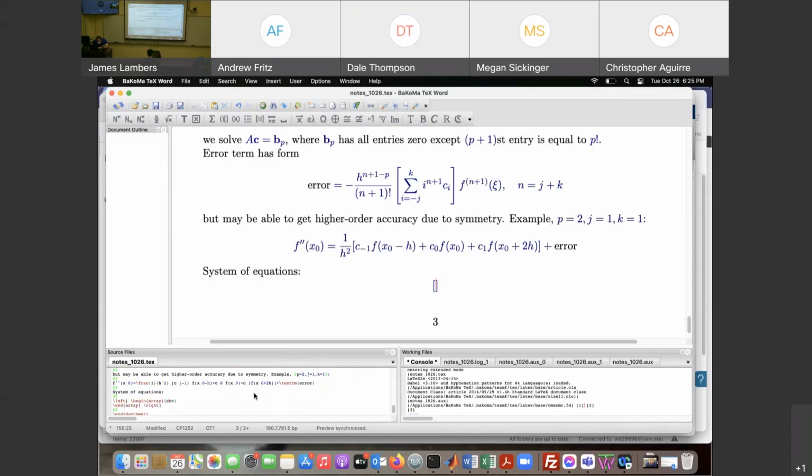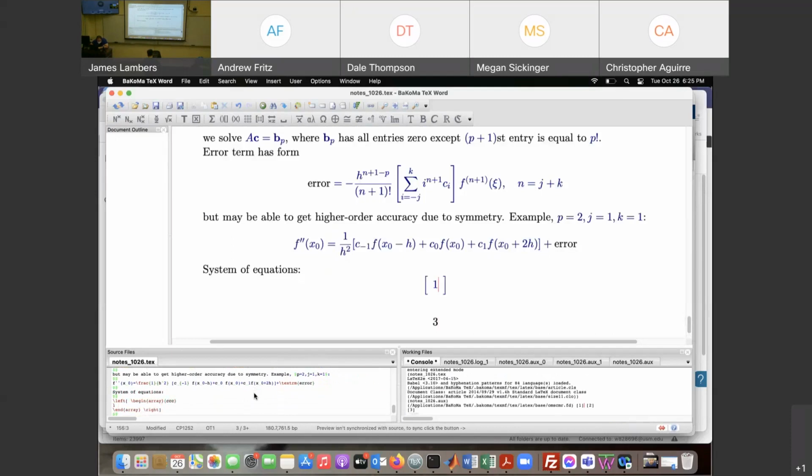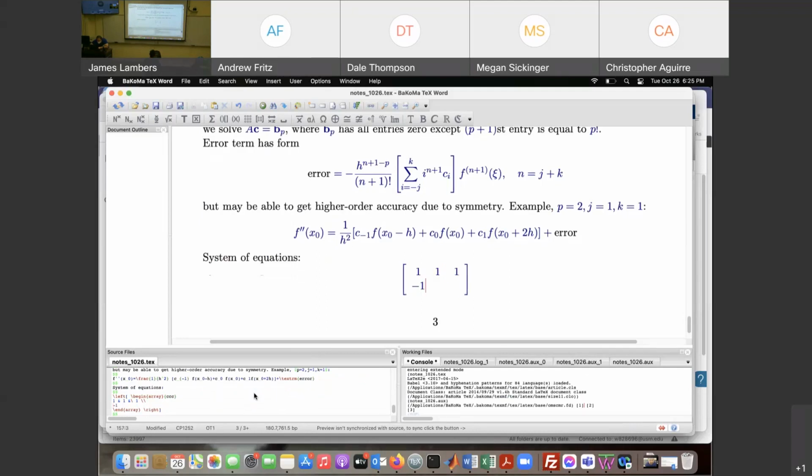Okay. So I'm going to have ones in the first row. And then everything to the first power in the second row, and then the second power in the third row.